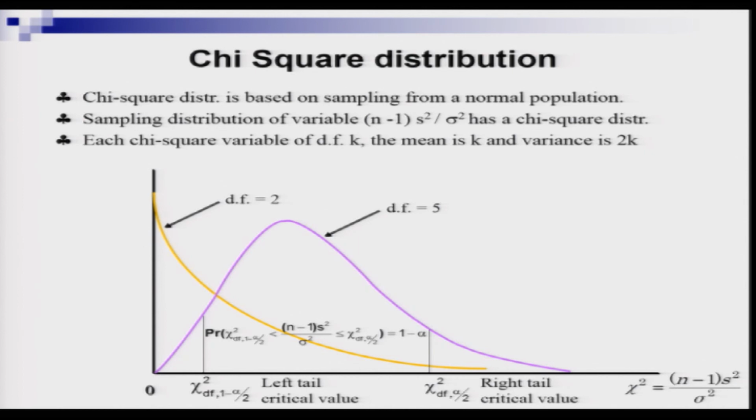So, the statisticians have again come up with a statistical table, and they have provided us these different percentage points or critical values for combinations of degrees of freedom and alpha value. With this brief discussion on the chi-square random variable and chi-square distribution, let us now proceed with the discussion on the confidence interval of the population variance.